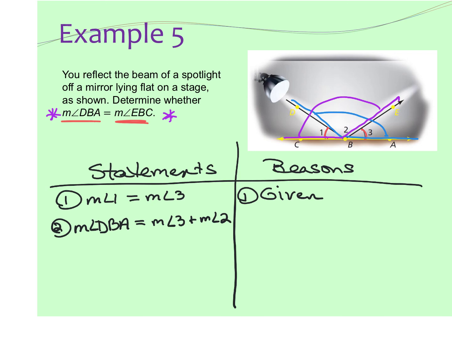This statement's reason is the angle addition postulate, because what I did was add the two smaller angles, angle 2 and 3, and show that that's how angle DBA is made up.